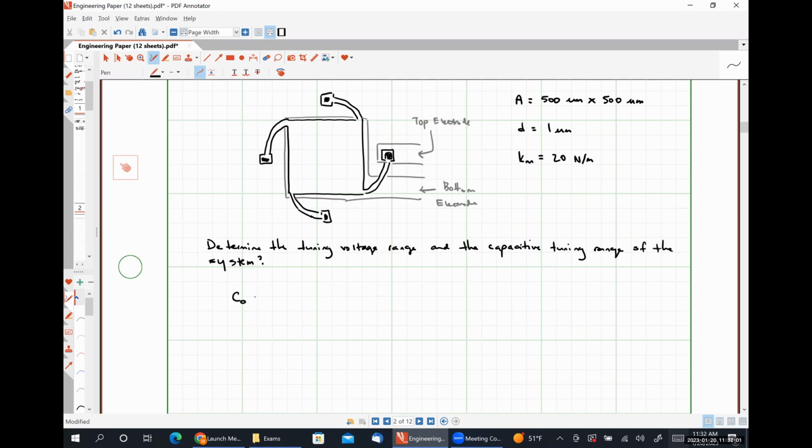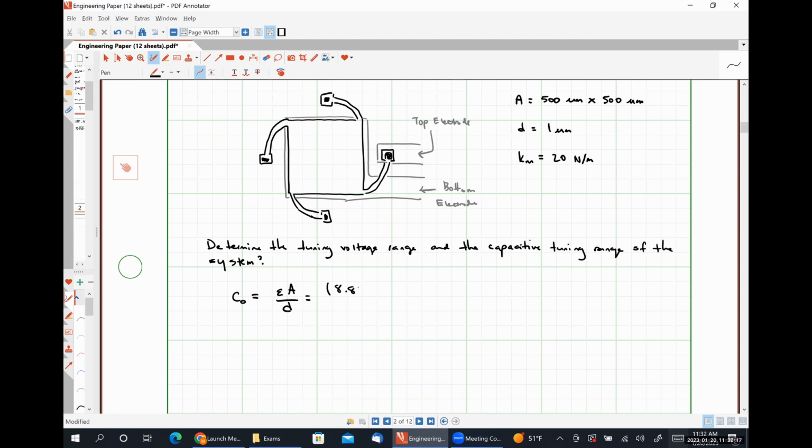So C naught in this case is simply going to be epsilon A over D, assuming that there's just an air gap between our plates, which was true for this first design.